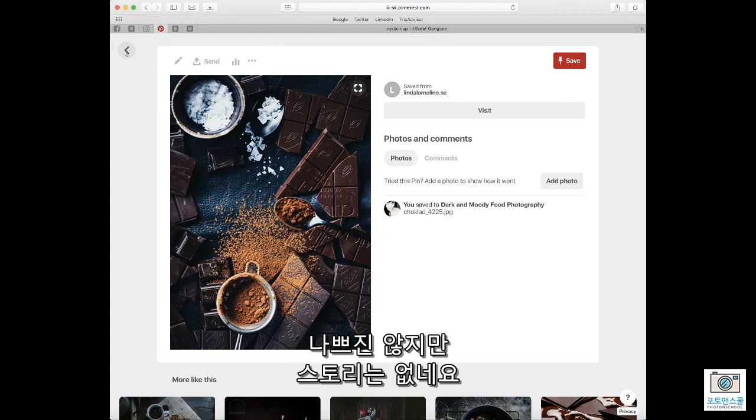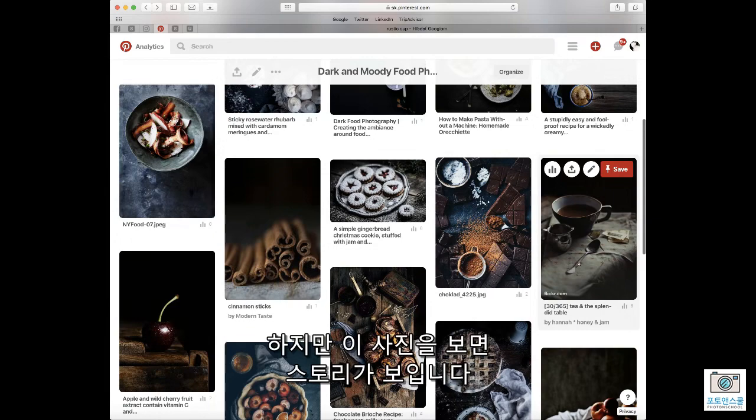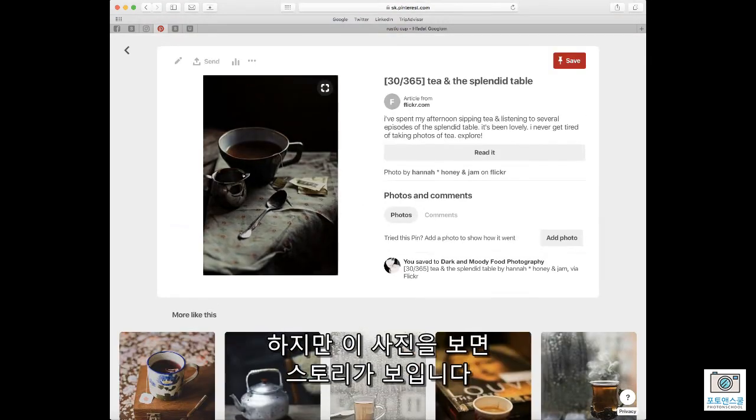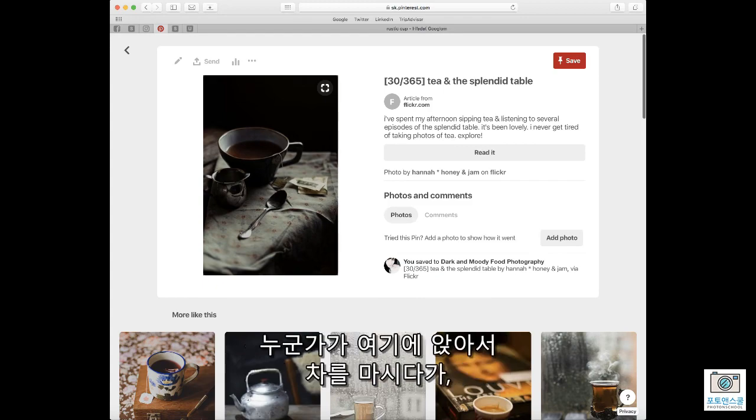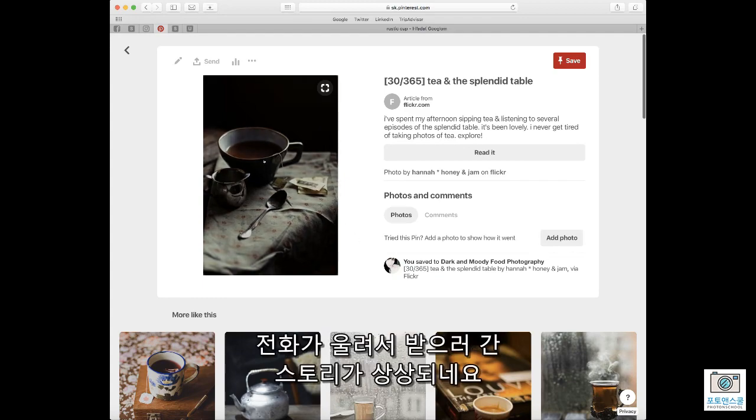Again, it is not bad, I think, but it doesn't tell me anything. However, this tea says that someone prepared it. I can imagine that someone prepared this tea. It is a little bit missing. Even though it is composed, I can see a story behind it, that someone sat at this table, took this cup, and the phone rang and they went away to get it.